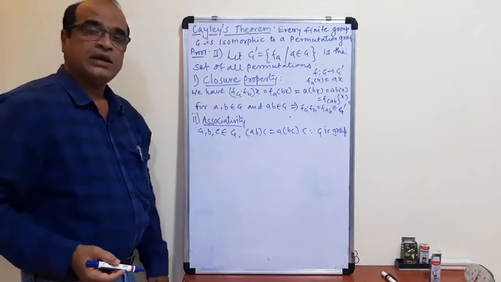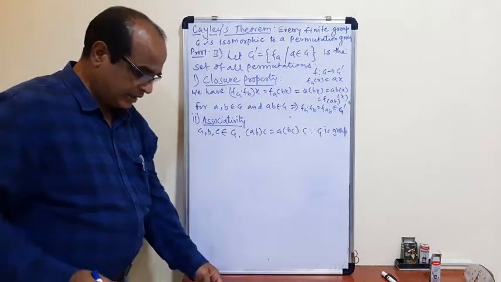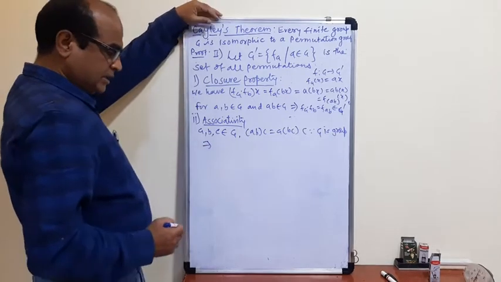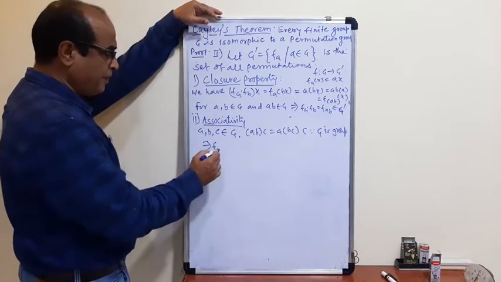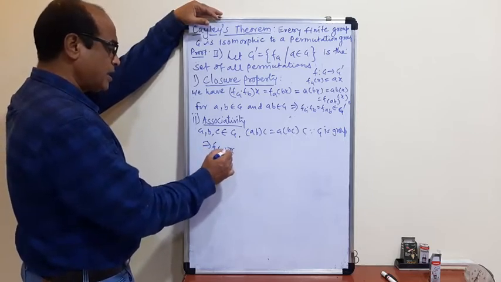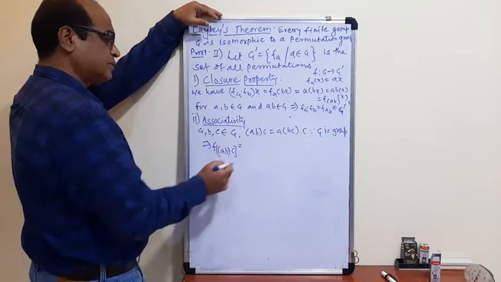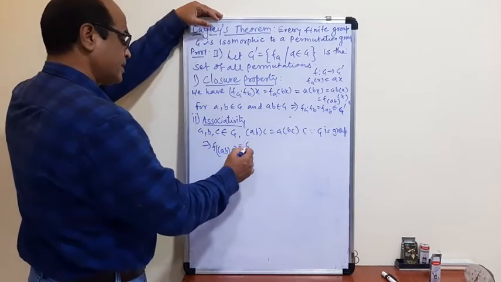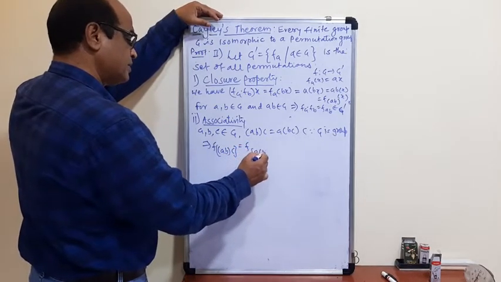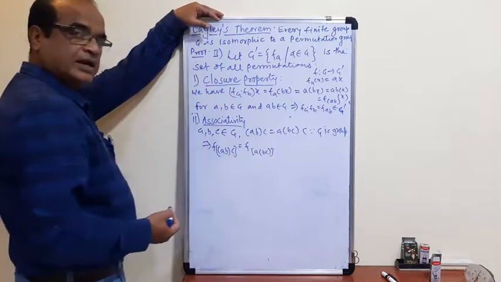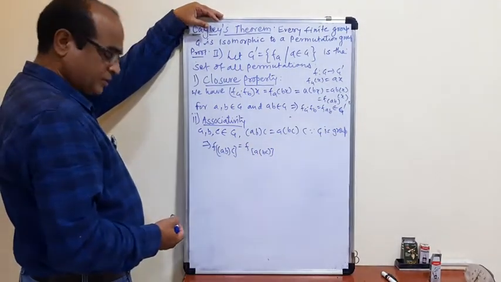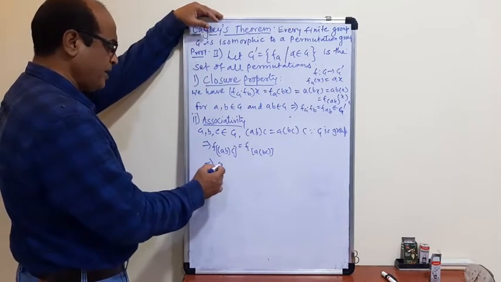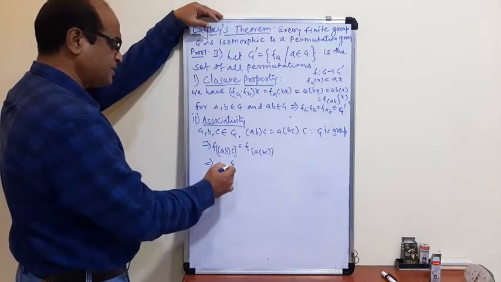Now we prove here that the associative property holds in G dash also. Therefore we apply the function, so f of (ab)c is equal to f of a(bc), since the associative property holds in G. Therefore this implies f_ab into f_c.